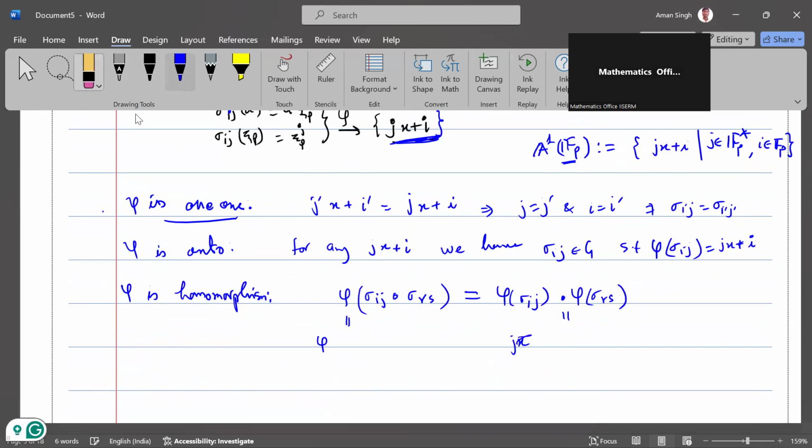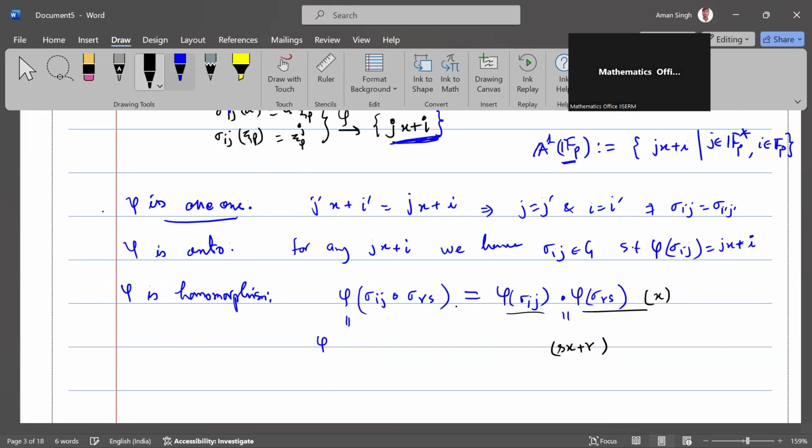It should apply to some element of F_p, that is x. Evaluate at x, both sides. If they're equal at every point x, then we are done. We'll first apply this and then we apply this. What we'll get on this side is sx plus r.